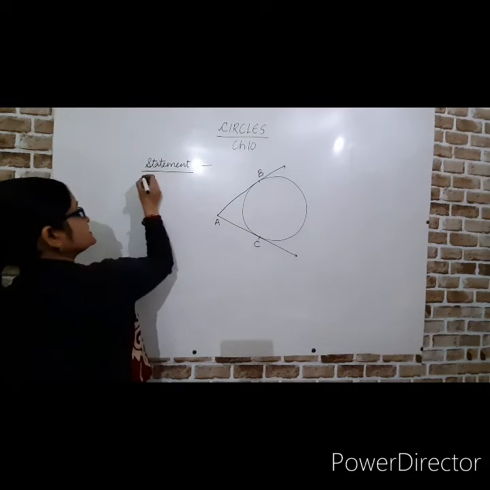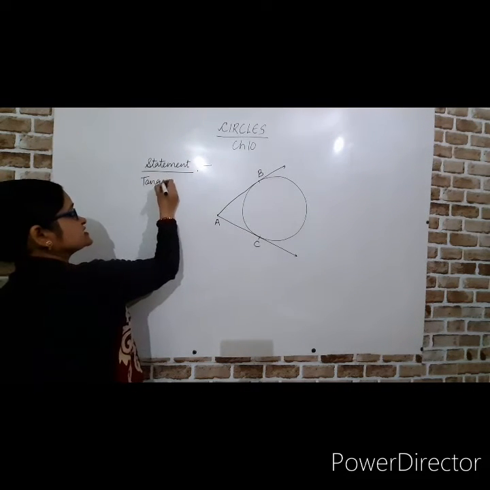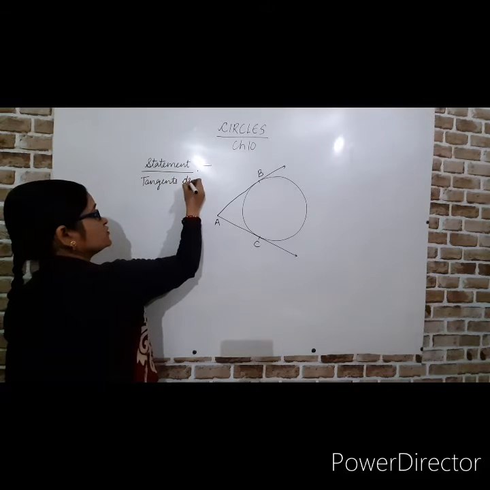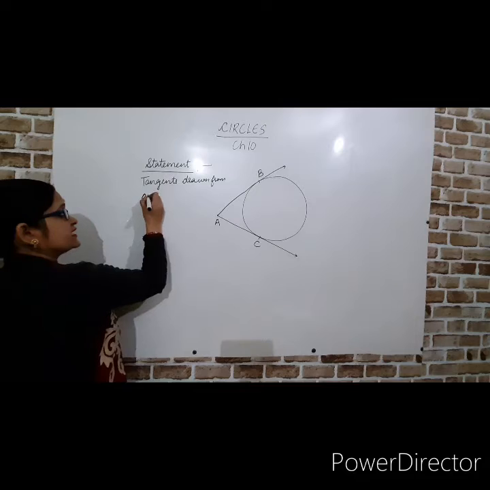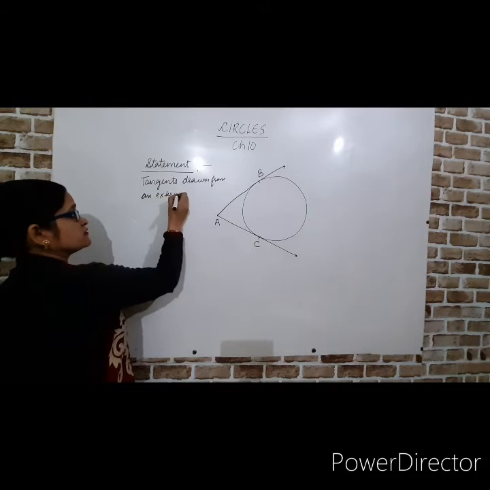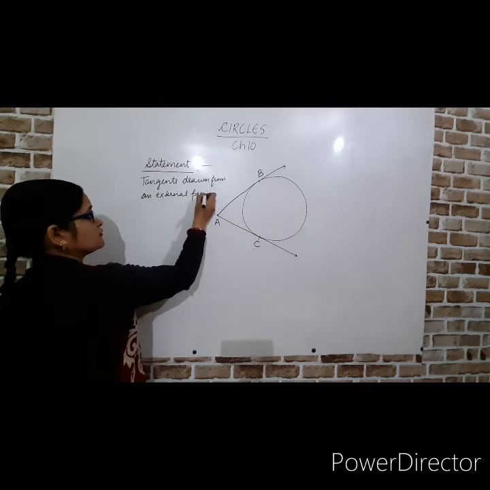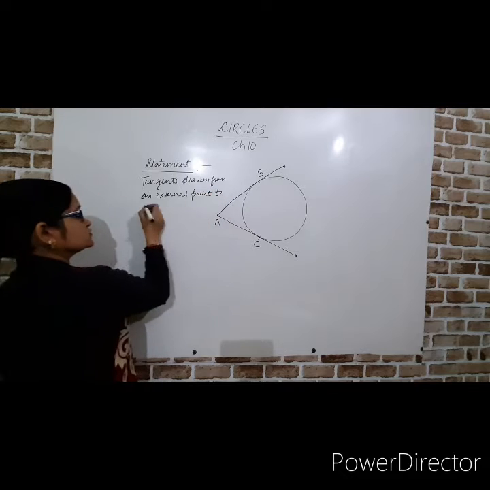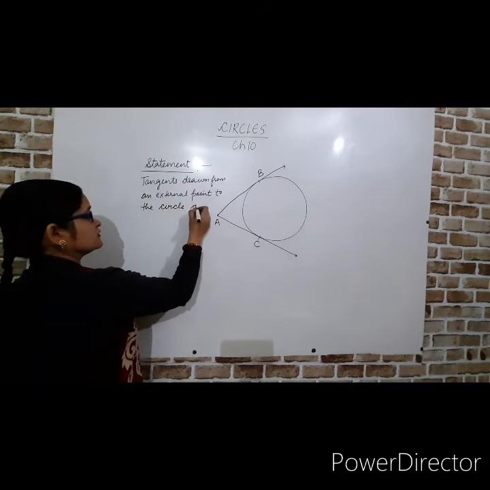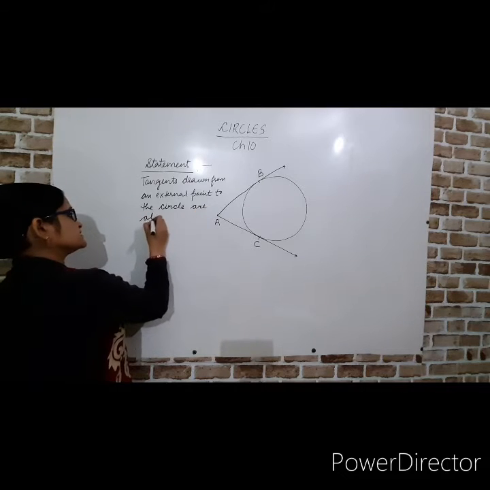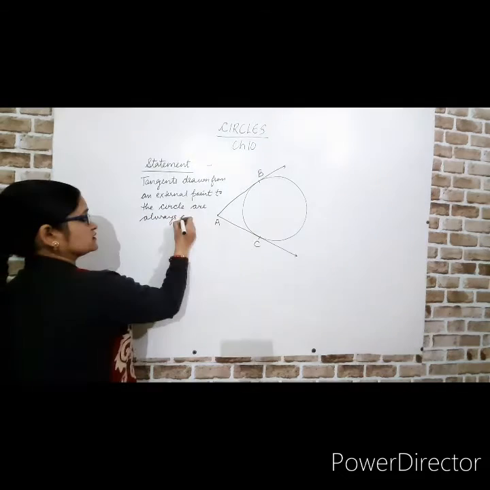So the statement is: tangents drawn from an external point to the circle are always equal.